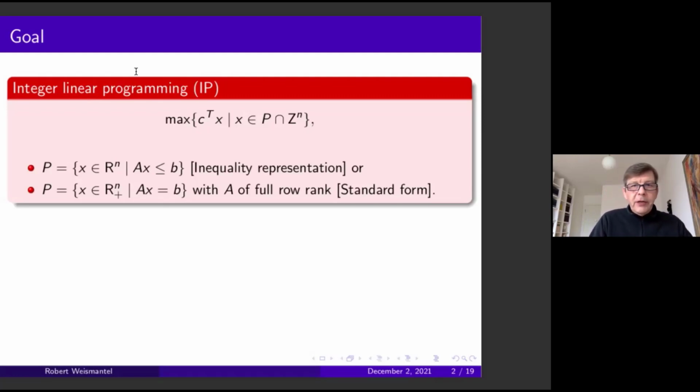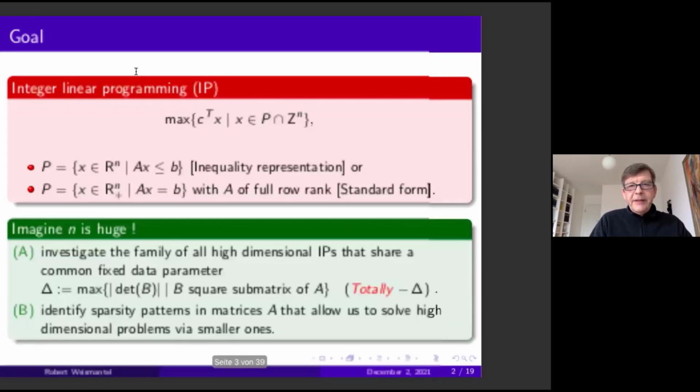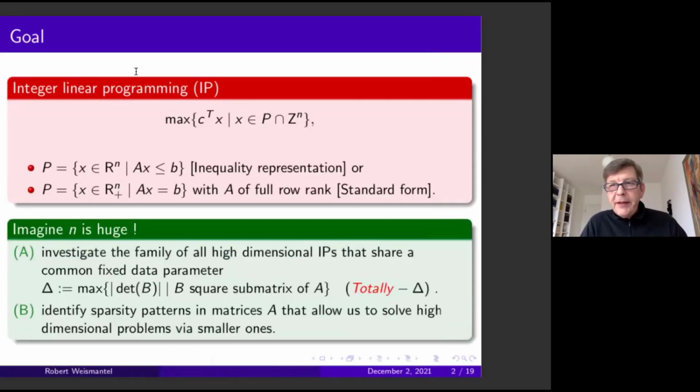Now what I would like to look at is this integer optimization problem under the assumption that n is very big. So what can we do there? I would like to give you an impression, and in fact occasionally only a glimpse, of two specific topics that I think nicely fit into this framework. On the one hand, we want to investigate the family of all high-dimensional integer programs that share a common fixed data parameter.